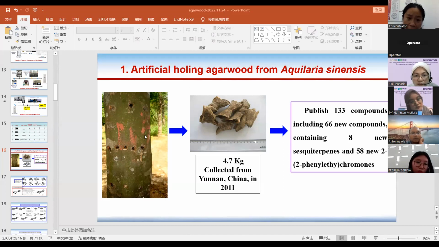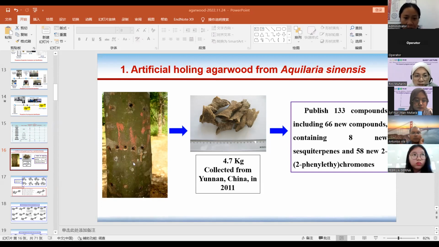So this one is drilled agarwood. It means making a hole on the stem, usually starting 1 meter above the ground, and every so many centimeters. Here, every 50 centimeters, to make one series of holes.